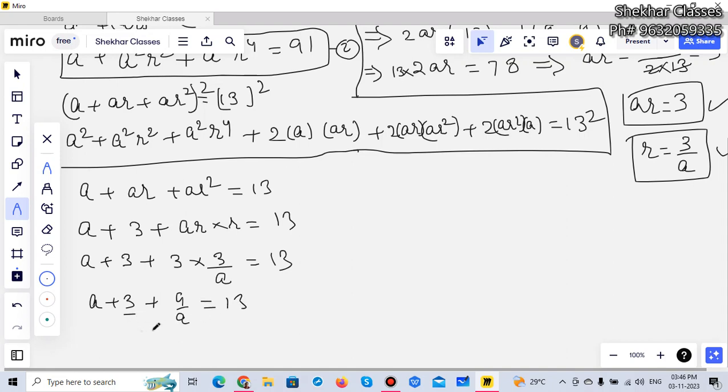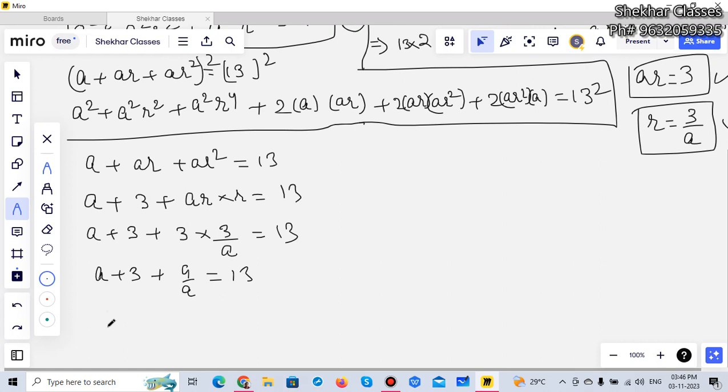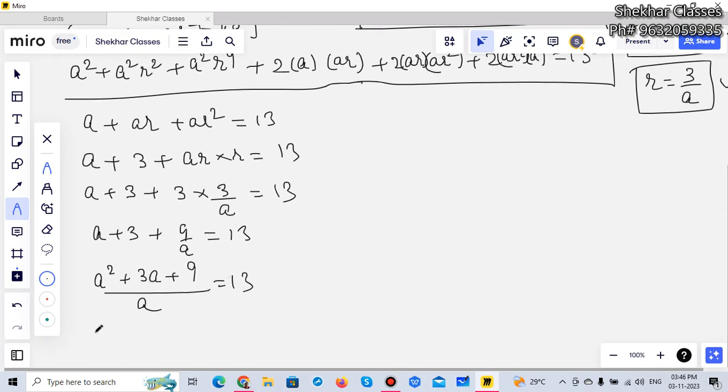Make it A for all of those. It will become A square plus 3A plus 9, the whole thing upon A is equal to 13. So solve it.